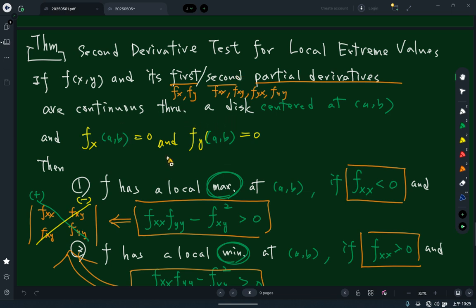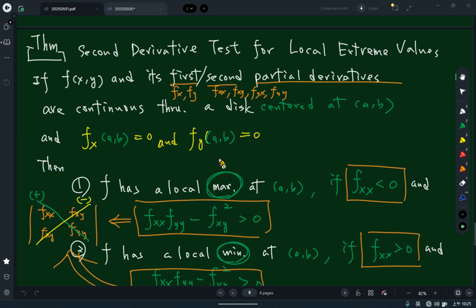That means if f of x, y and its first and second partial derivatives are continuous throughout a disk centered at (a, b), and if partial f partial x is equal to 0 and partial f partial y is also equal to 0.